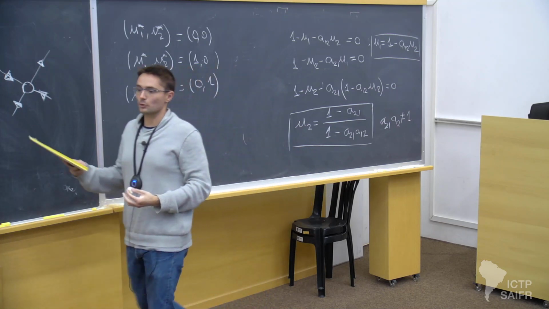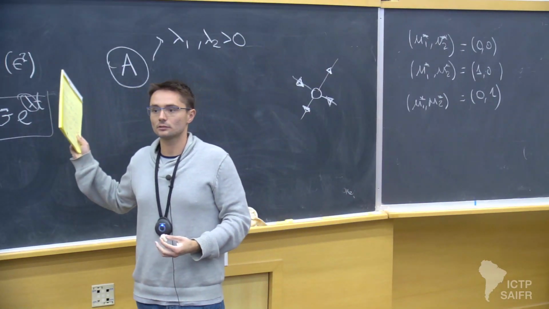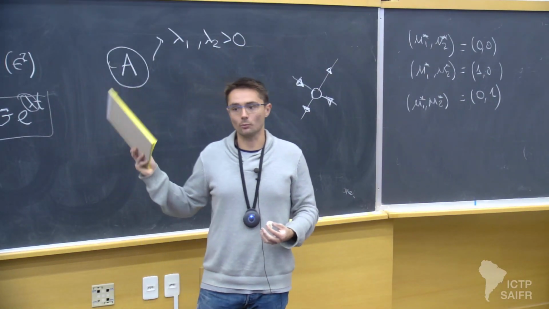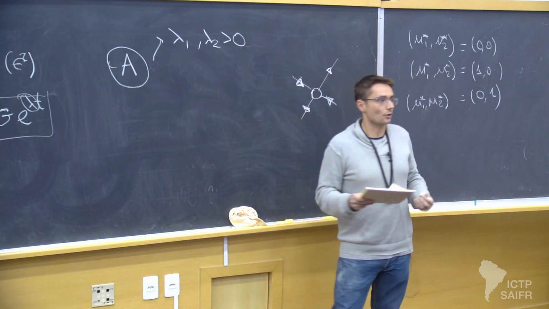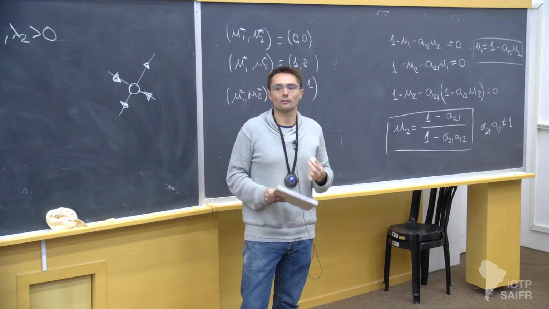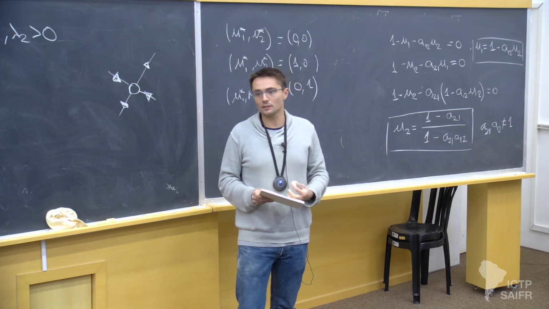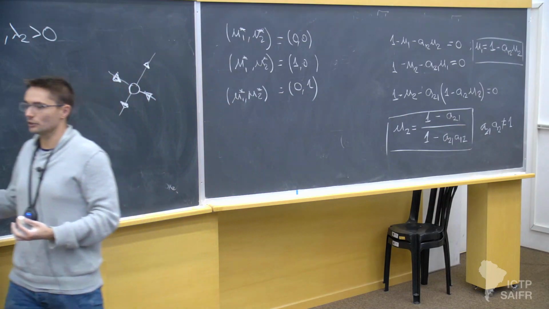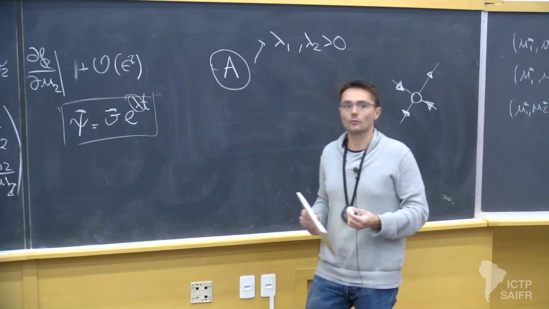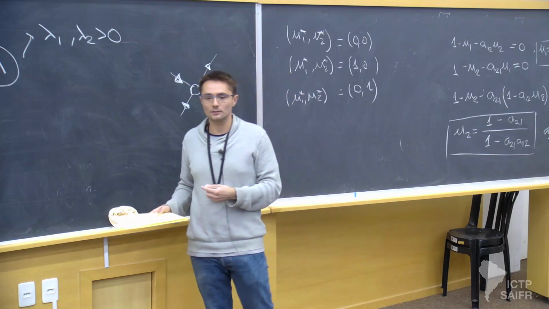And there is another possibility, which is that your eigenvalues of A are complex. So if you have complex eigenvalues, what are the possibilities that you may have? If the real part is 0, then your solution is basically going to be a linear combination of sine and cosine.